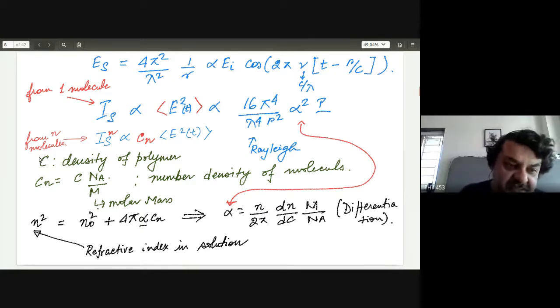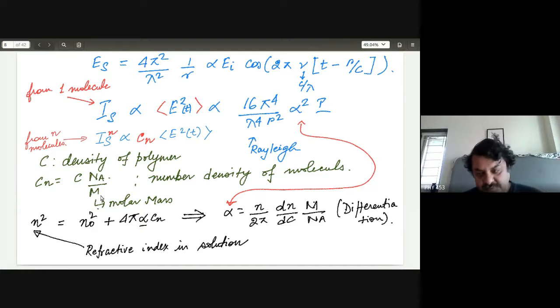Instead, you typically have access to the density of the polymer, and also the molar mass of the polymer, which you already know, which you have added. Then you can calculate the number density from C by molar mass by Na, which is basically M by Na, the molecular weight of a single polymer chain.